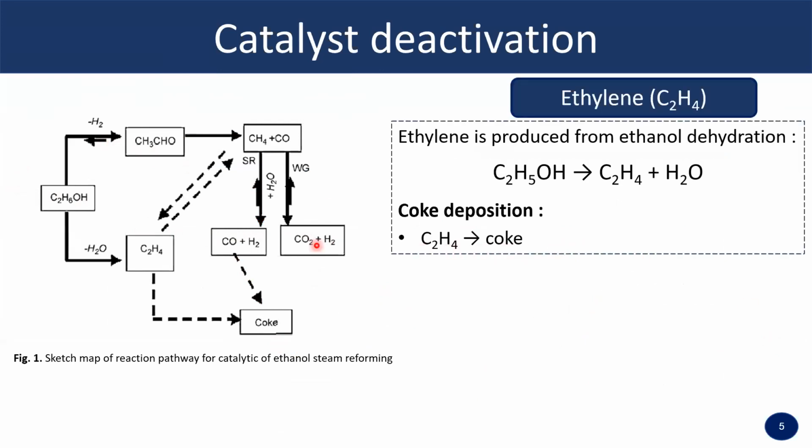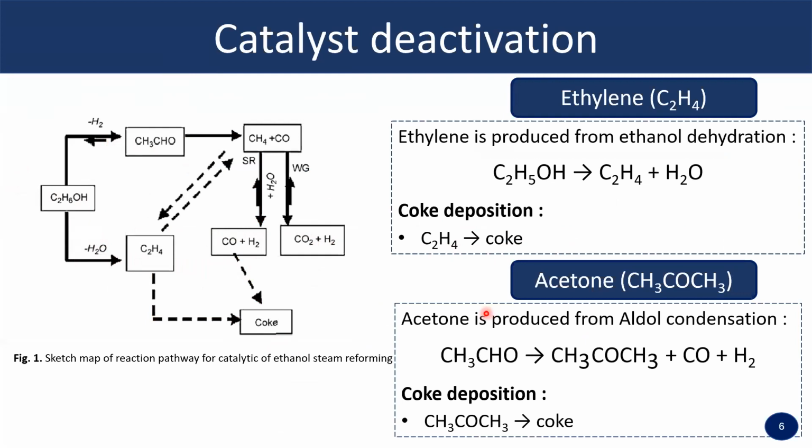Ethylene is produced from ethanol dehydration, and ethylene leads to coking. Acetone is produced from aldol condensation. There is no acetone in figure 1, but acetone can lead to catalyst deactivation as well.